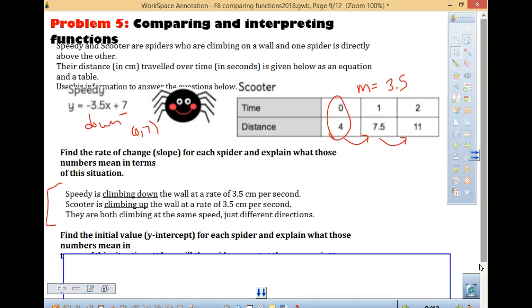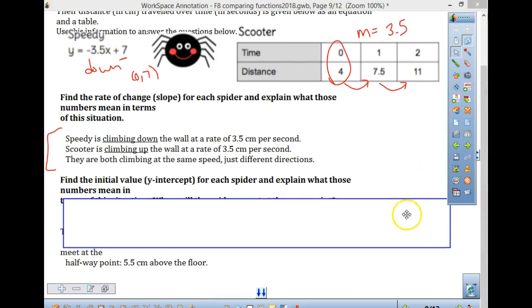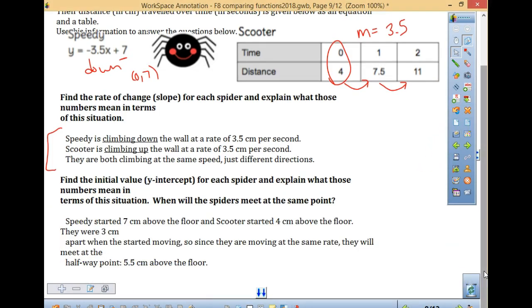So the next one, it says, what is their initial value for each spider that we are taking a look at? Speedy starts at 7 because of the plus 7 back here. So 7 centimeters above the floor.